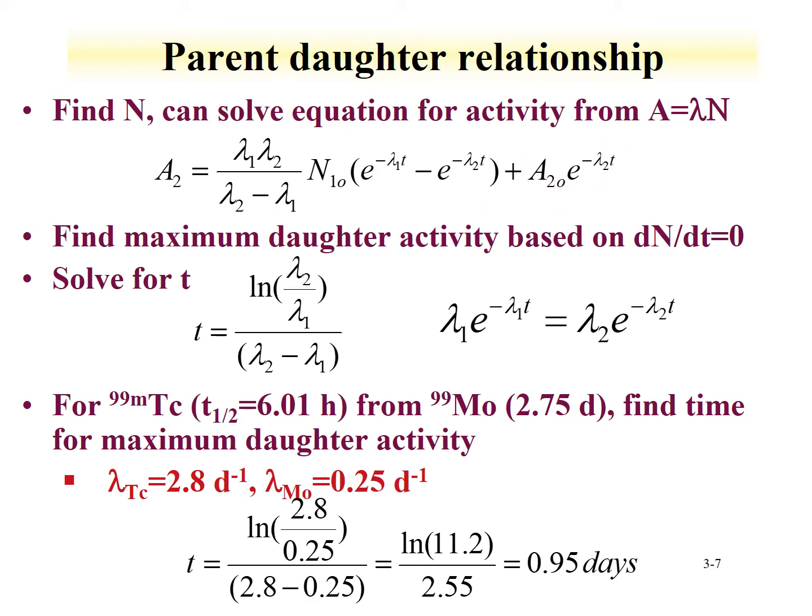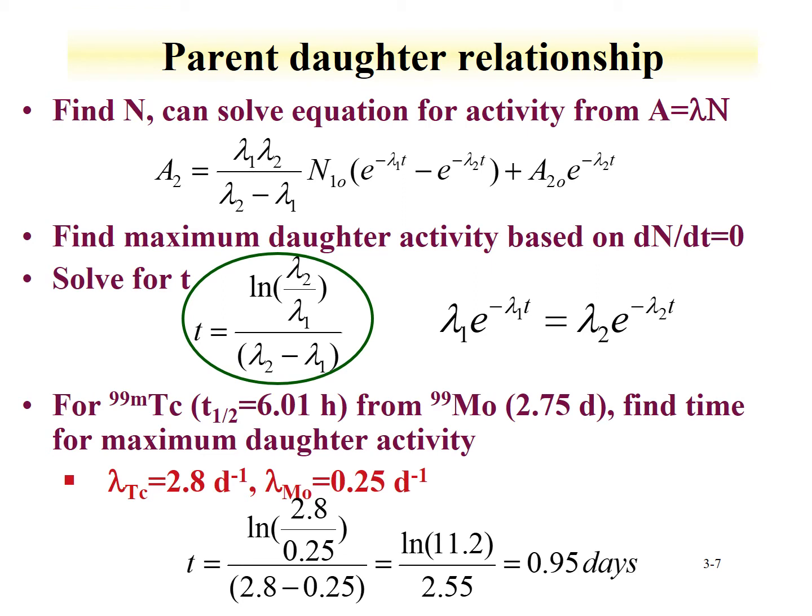We can use this to find a maximum daughter activity by setting the change of the daughter with respect to time equal to 0. We're maximizing. And let's solve for t. We have the equation where the time that it takes to reach this maximum is equal to the natural log of the ratio of the decay constants divided by the difference of the decay constants.